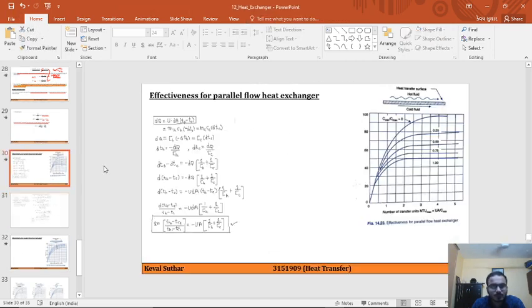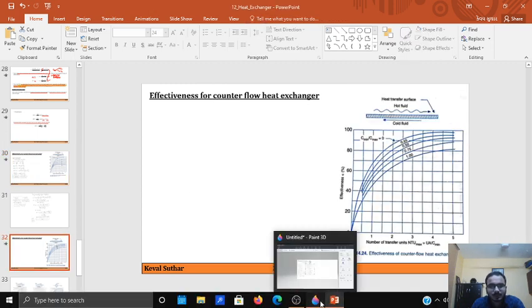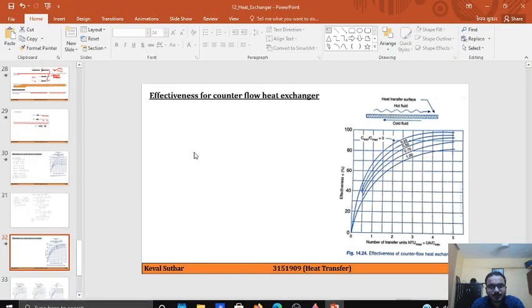So now I will explain this graph later on. Now we will continue with our effectiveness for the counter flow heat exchanger.